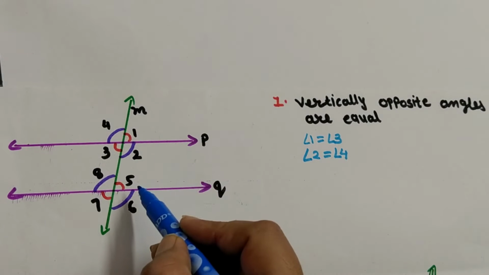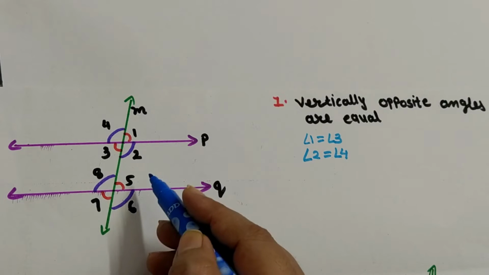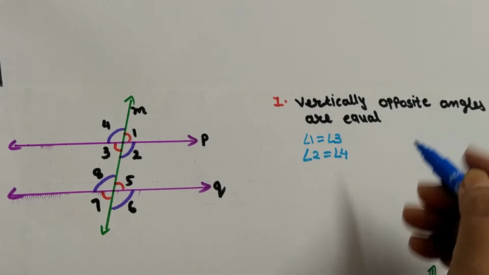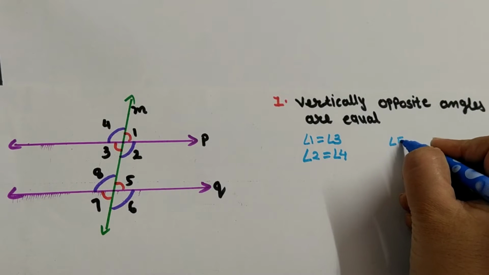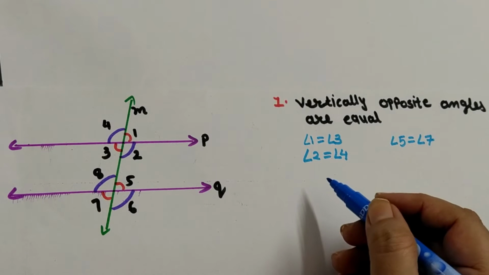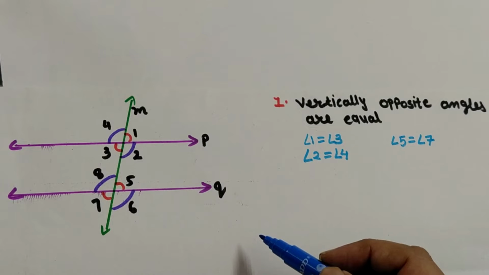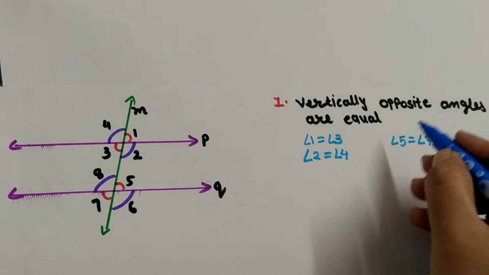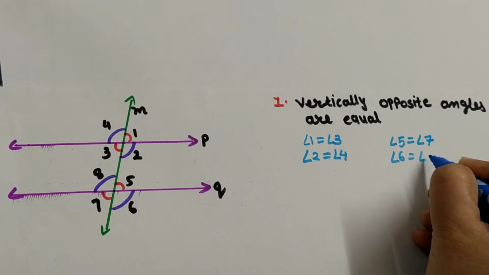Now you can see that angle 5 and angle 7 are both vertically opposite angles. So we can write angle 5 is equal to angle 7, and angle 6 and angle 8 are vertically opposite angles, so angle 6 is equal to angle 8.